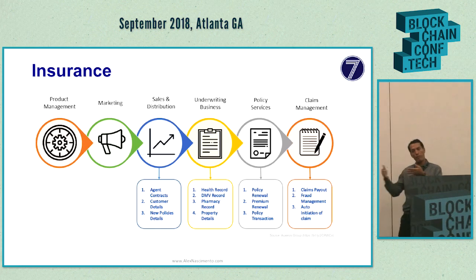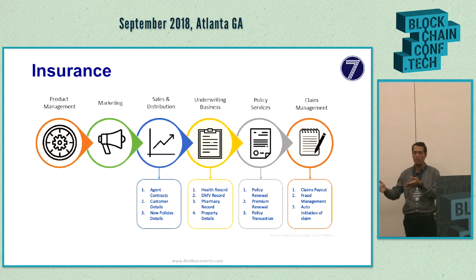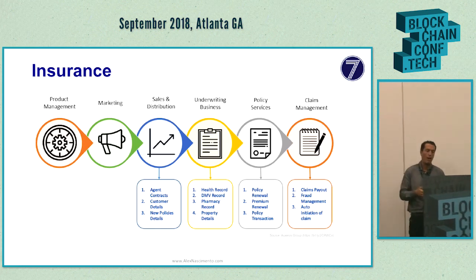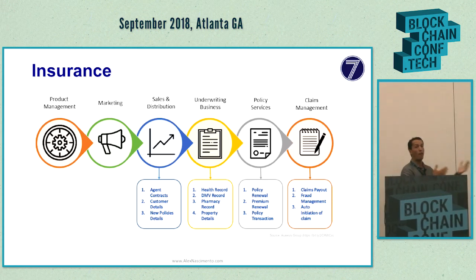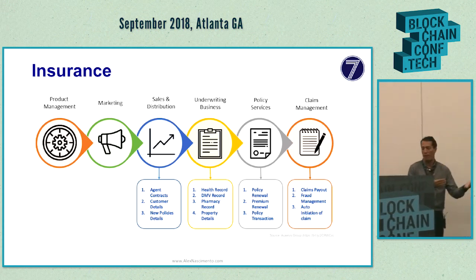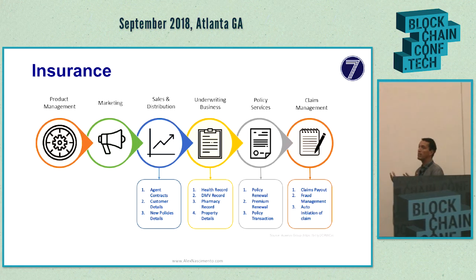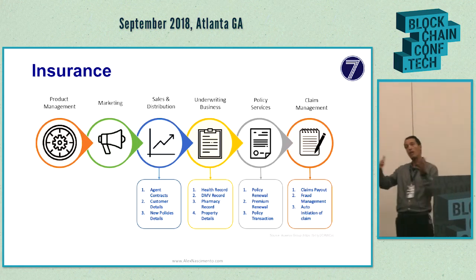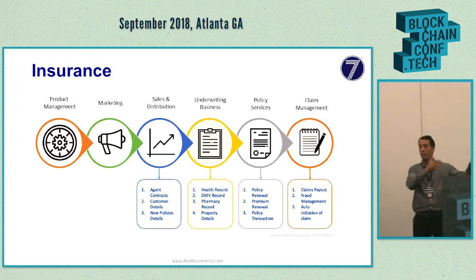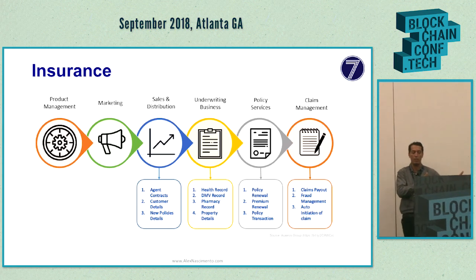As it moves into the underwriting business, because now you have a claim, you can have health records, DMV records, property details, all stored in another block, which is chained to the policies and to the original details.